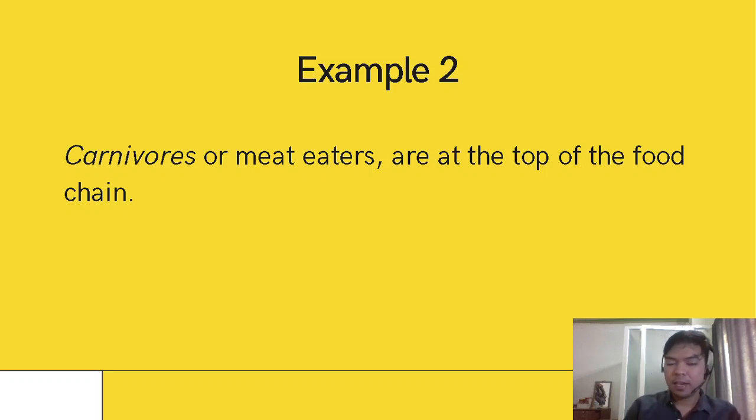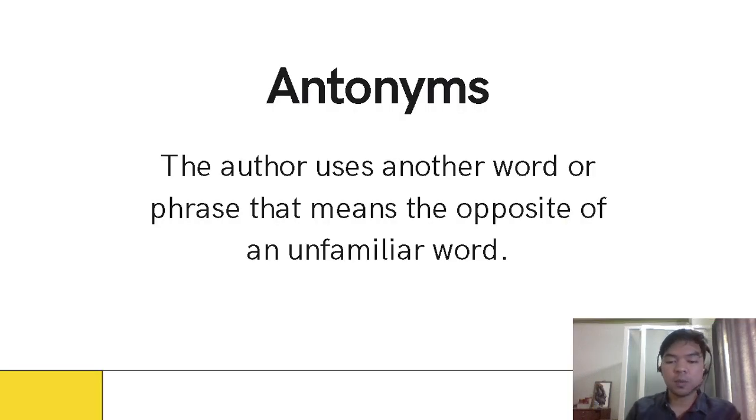Okay, next we have antonyms. So this is the opposite of synonyms. This is where the author uses another word or phrase that means the opposite of an unfamiliar word. So instead of looking for a similar meaning with the unfamiliar word, you look for an opposite meaning of the unfamiliar word.